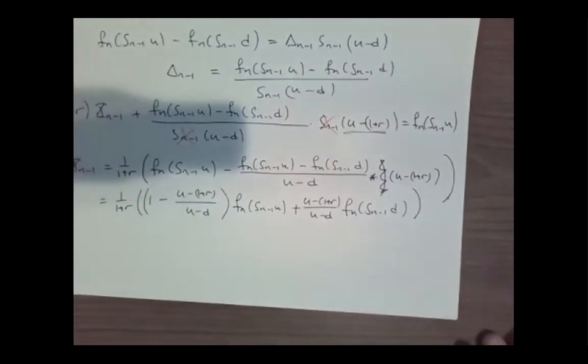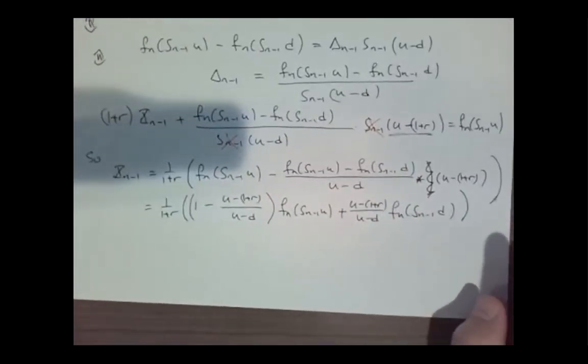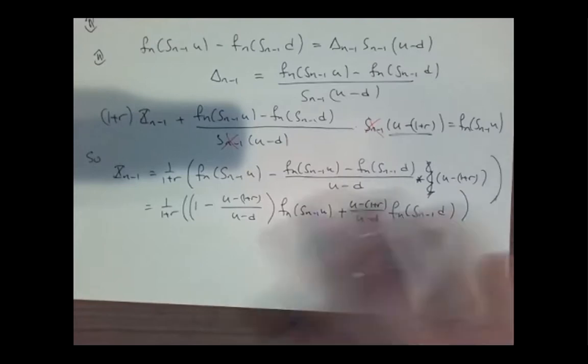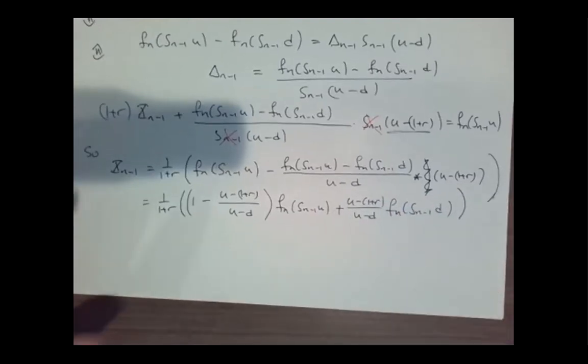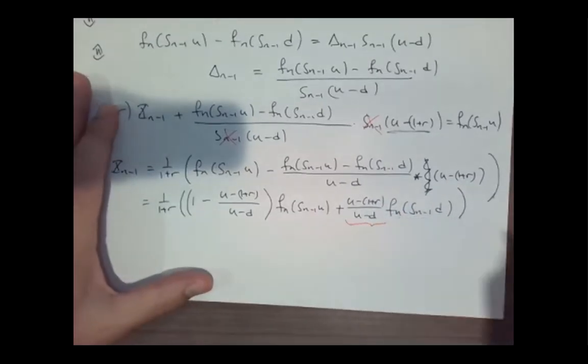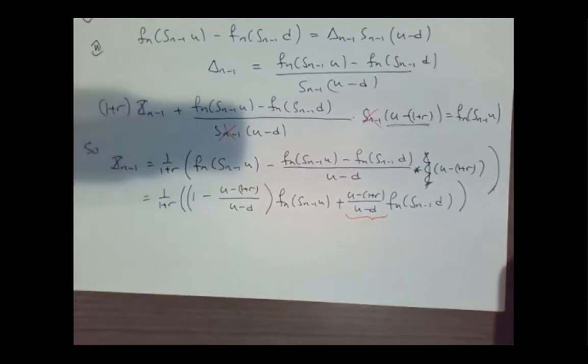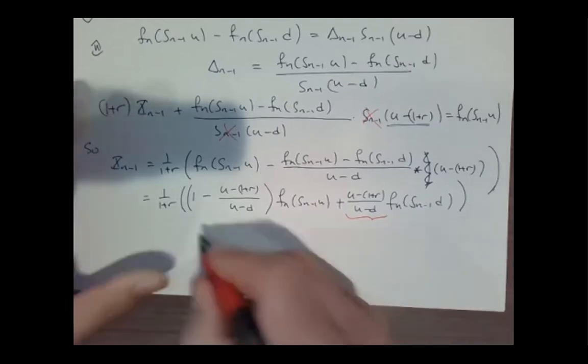Is this stuff looking familiar? I know this was a long, messy calculation, but what do we have here? And what do we have here?